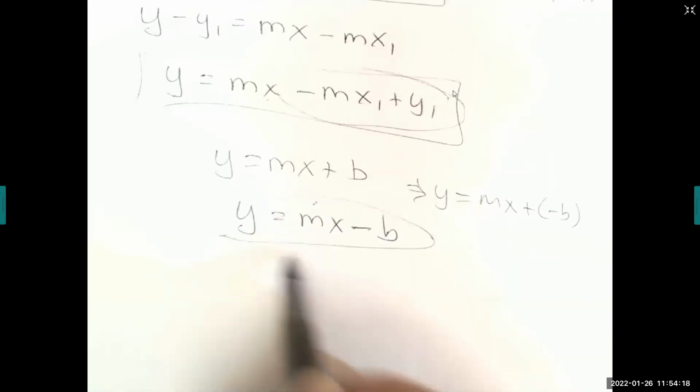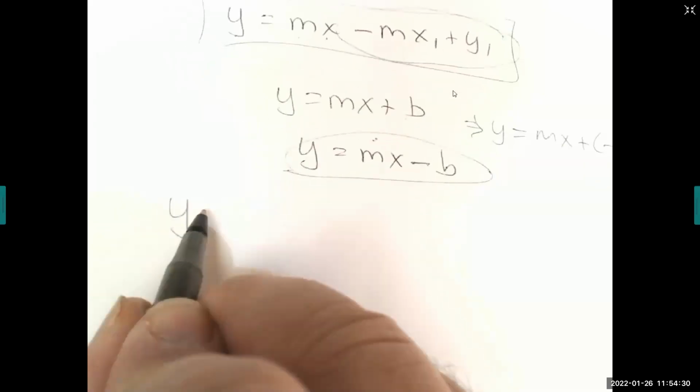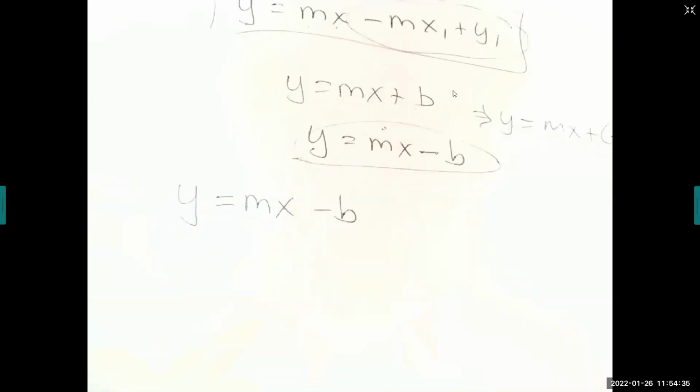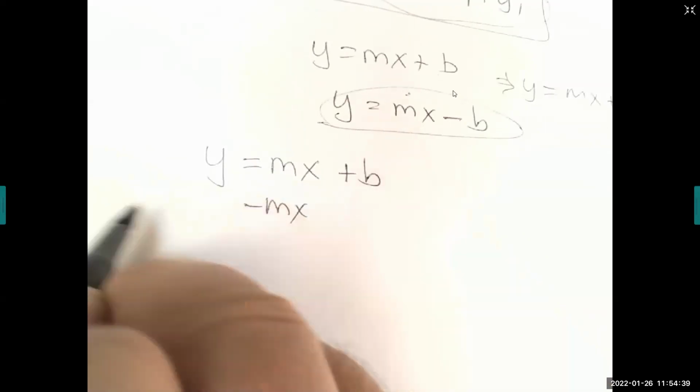So after we finish this, how do we get to standard form? Yeah, you have to move x and y to the same side. We have mx plus b, so we subtract mx from both sides.